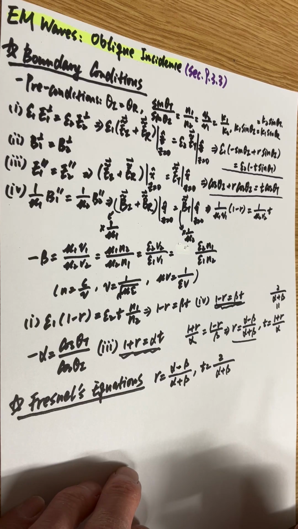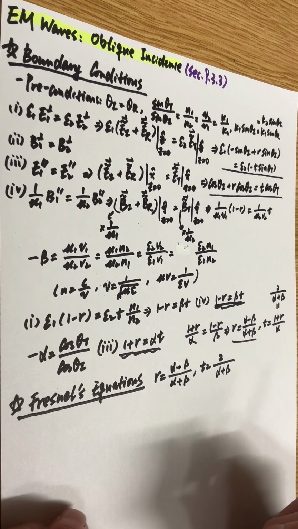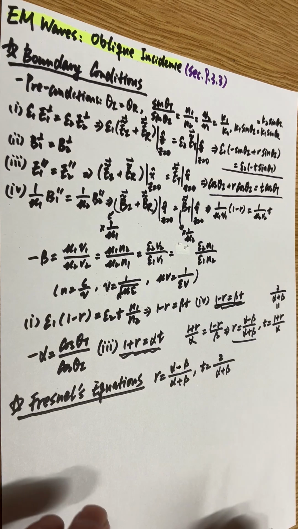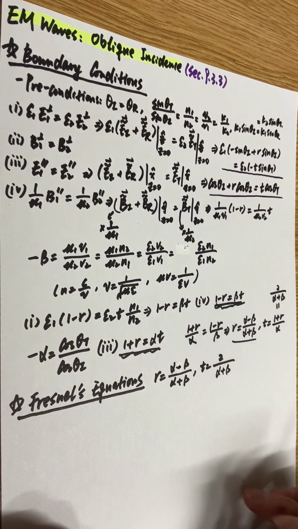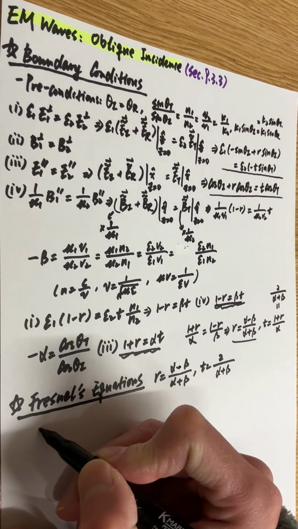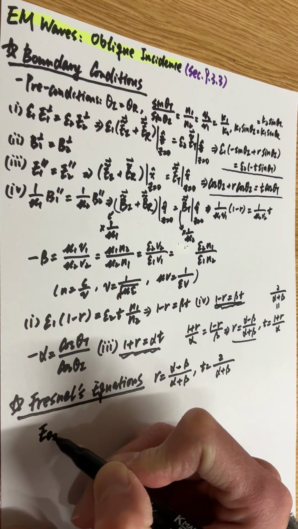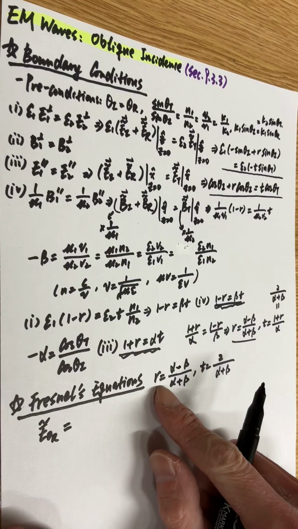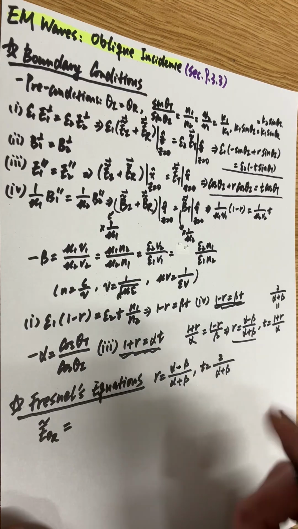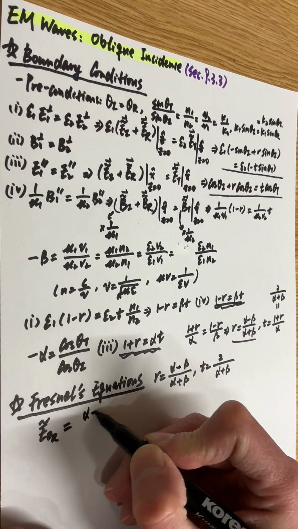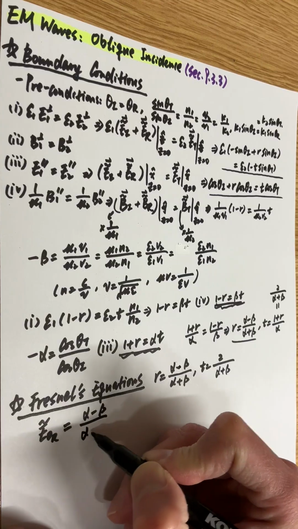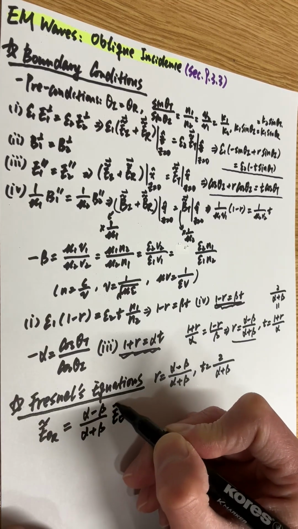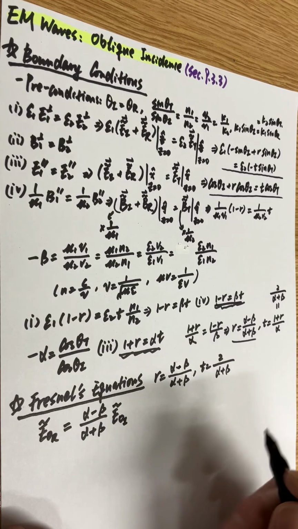Okay. So in terms of the amplitude of the wave for the incident, reflected, and transmitted, the amplitude of the reflected wave equals r E0I. So we have alpha minus beta divided by alpha plus beta, and then E0I, incident.